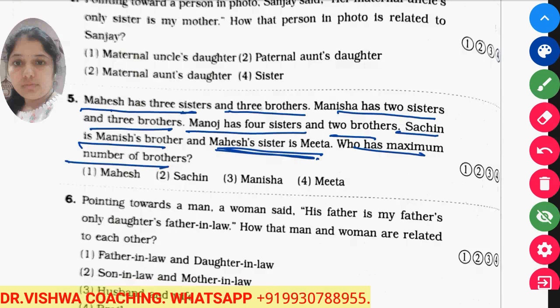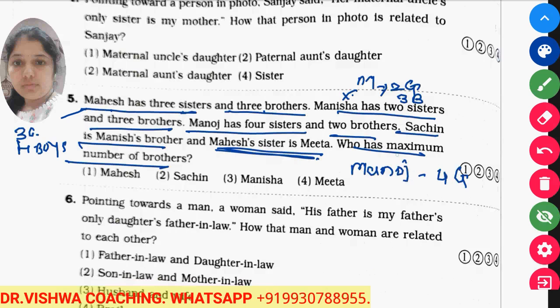Now see, Mahesh has 3 sisters and 3 brothers. Means in Mahesh's family there are 3 girls and 4 boys. Okay. Manisha has 2 sisters and 3 brothers. In Manisha's family there are 3 girls and 3 boys. Manoj's family has 4 girls and 2 brothers, including Manoj they become 3 brothers.